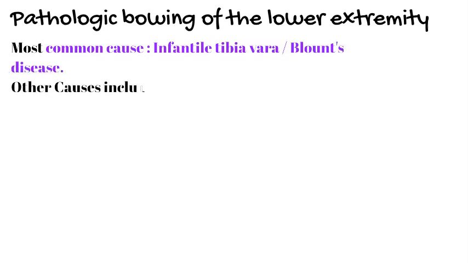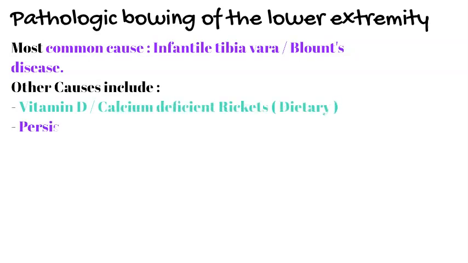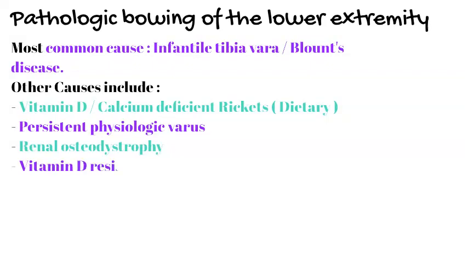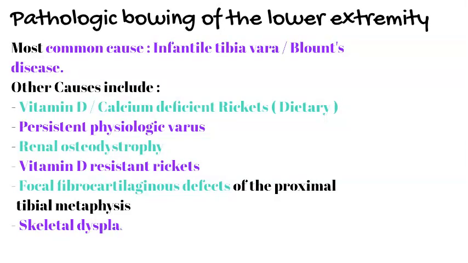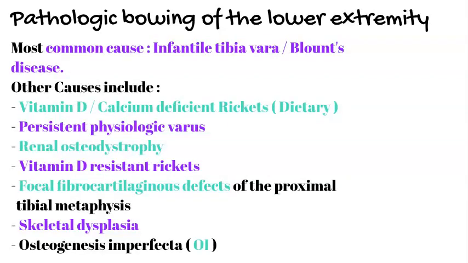Other causes include vitamin D or calcium deficient rickets due to dietary cause, persistent physiologic varus, renal osteodystrophy, vitamin D resistant rickets, focal fibrocartilaginous defects of the proximal tibial metaphysis, skeletal dysplasia, osteogenesis imperfecta (OI).